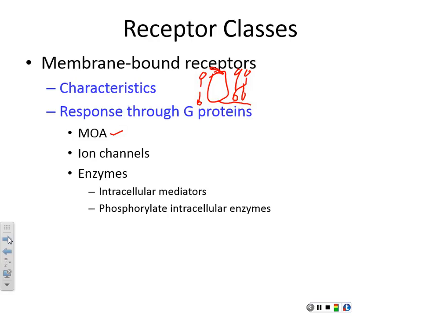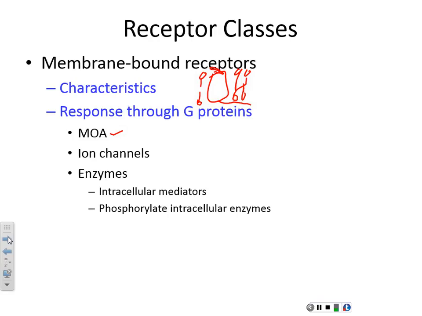Then the G protein will dissociate from the receptor, and the alpha subunit attached to the GTP will detach from the gamma and beta subunits. It is the activated alpha subunit that will then go and attach to, say, adenylate cyclase and cause the production of cyclic AMP, or it can phosphorylate other enzymes, and so forth.